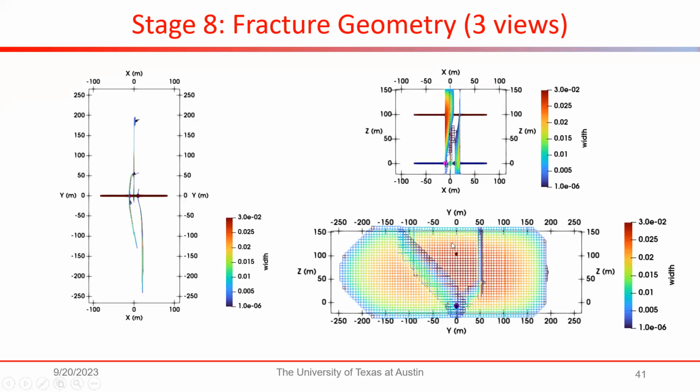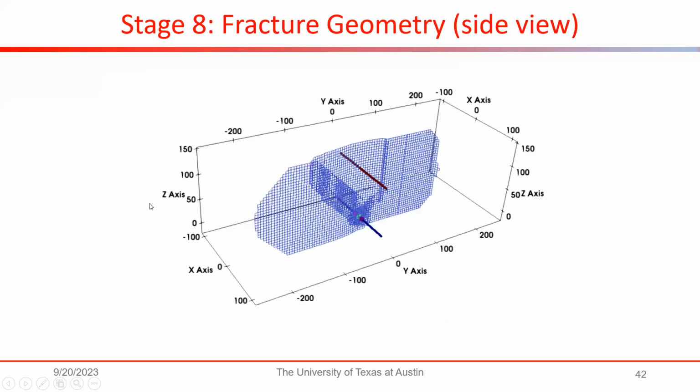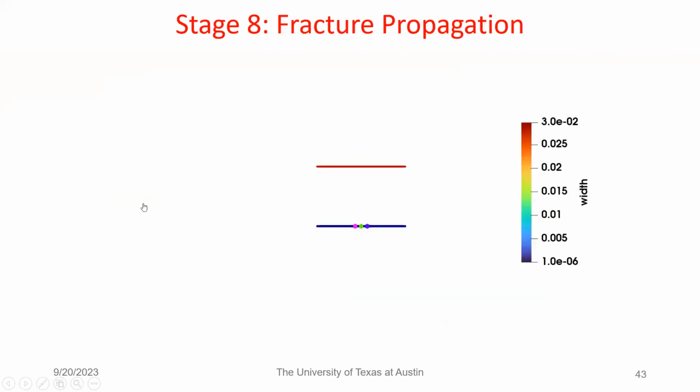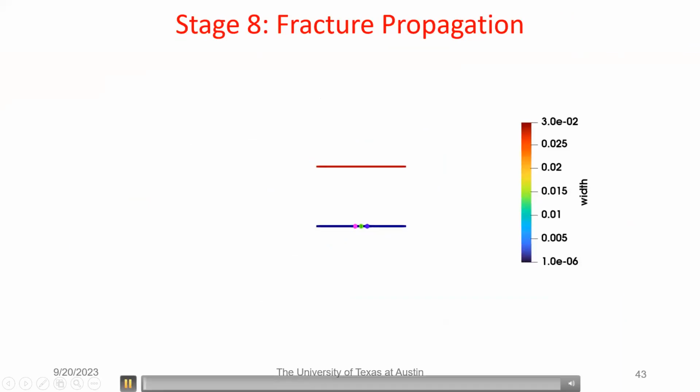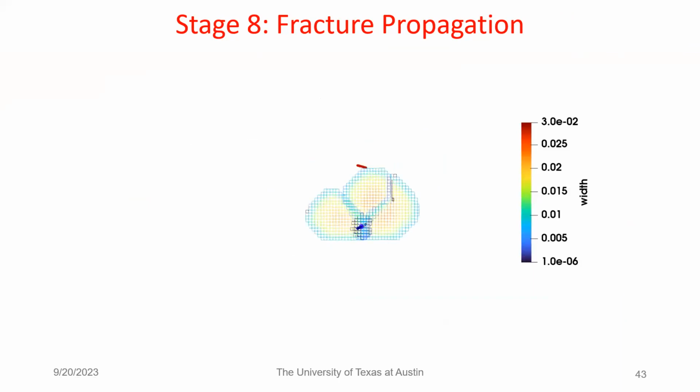Again, you see fractures that turn a little bit, but not a whole lot, largely planar. And you do see fractures that actually are migrating away from each other, even more so than before.